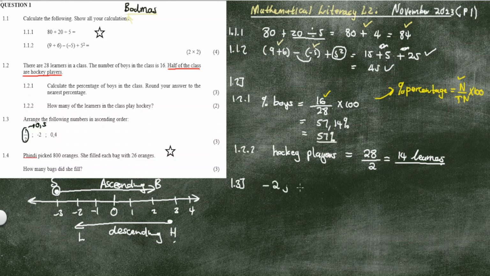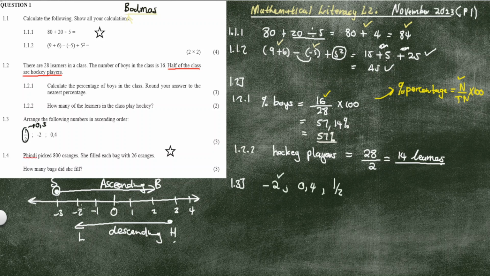It's obviously the 0.4. 0.4 is actually smaller than 0.5. So next one would be the half, the last one. So the half is actually the biggest number out of the three.